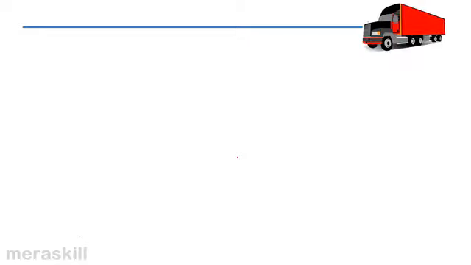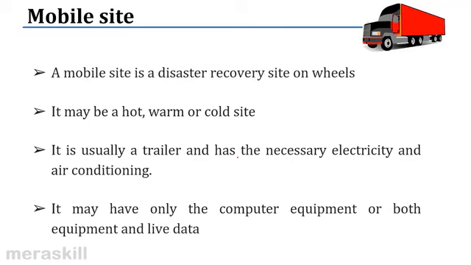What was the fourth site, student? That's right, it's a mobile site. A mobile site is a disaster recovery site on wheels. It may be hot, warm or cold. Usually it's like a trailer. It has electricity and air conditioning inside. That's a cold site.